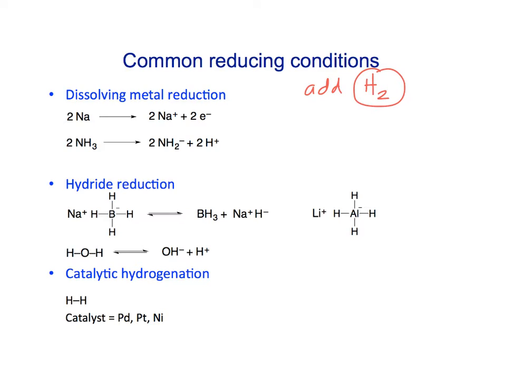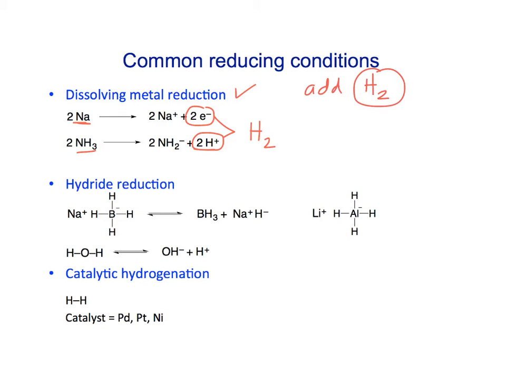The first method is called the dissolving metal reduction. In this case, two electrons are supplied by the oxidation of sodium metal. So that's the dissolving metal. And two protons are supplied from ammonia. So these two protons and these two electrons give us net H2.